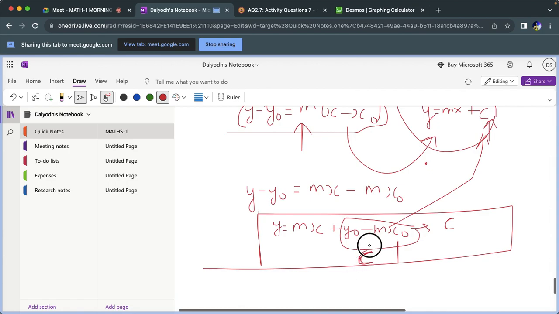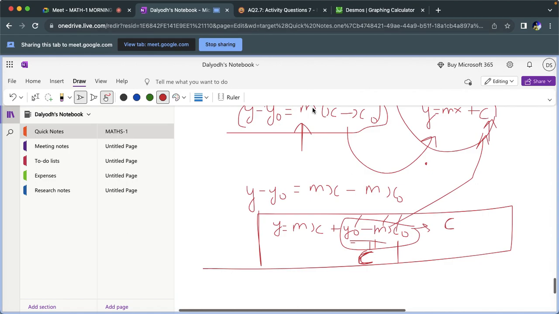You can just equate this equation to this one. y naught is a given point, and m is also a constant, so you get some value, and that is known as the y-intercept.